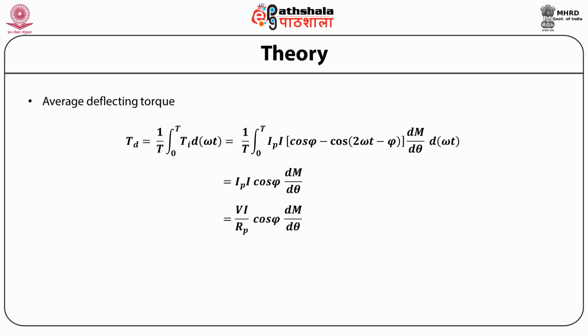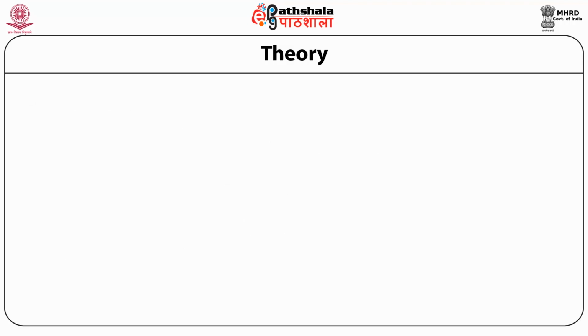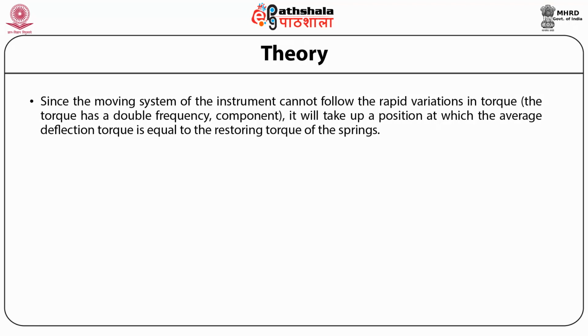Controlling torque exerted by springs is given by T = kθ, where k is the spring constant and θ is the final steady deflection. Since the moving system of the instrument cannot follow the rapid variations in torque, the torque has a double frequency component.